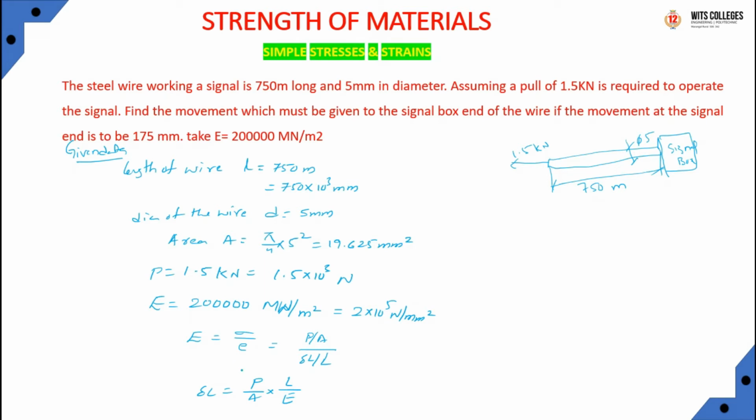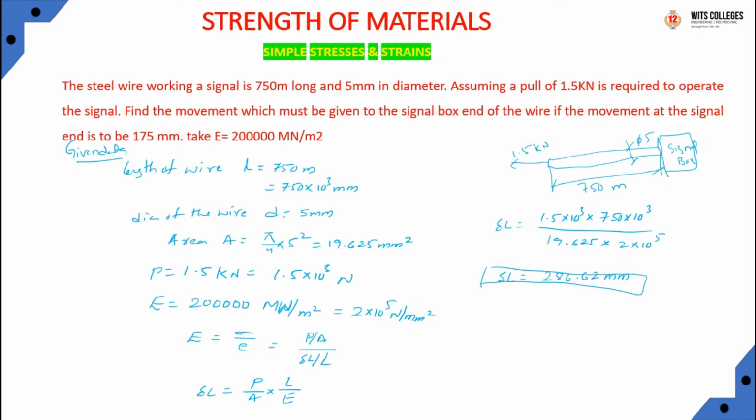Delta L equals P, which is 1.5 into 10 power of 3, times L, which is 750 into 10 power of 3, divided by 19.625 into 2 into 10 power of 5. So the delta L value is 286.62 mm.